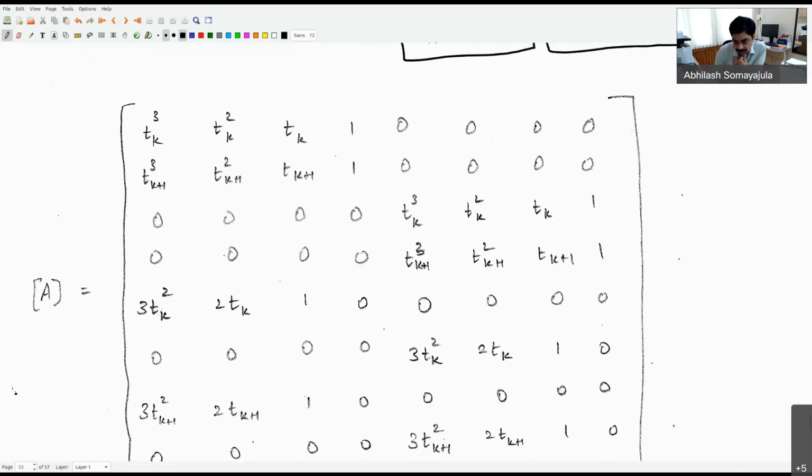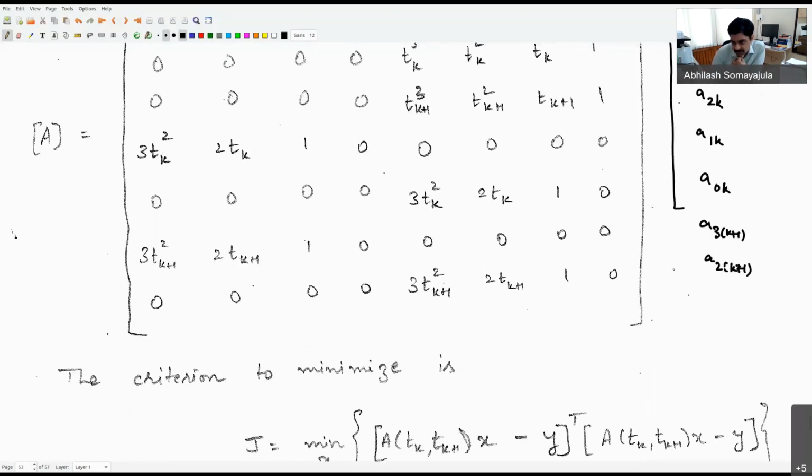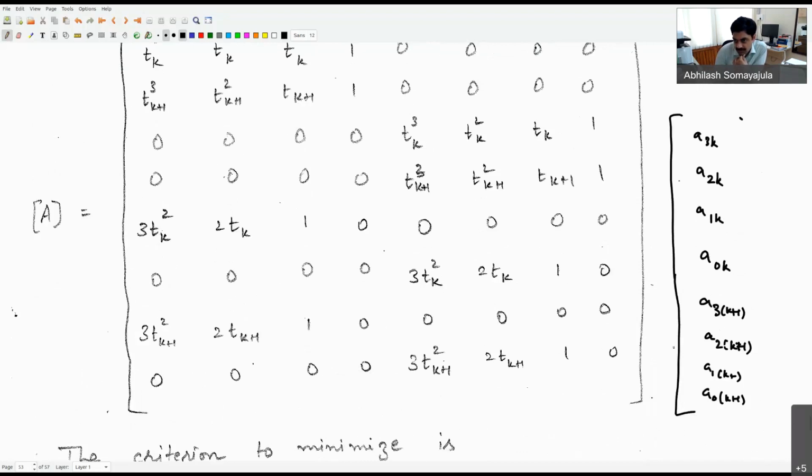So you can think of a3, a2, a1, a0, and then the same for k plus 1, a3, a2, a1, a0. So I have this. This is my x vector.